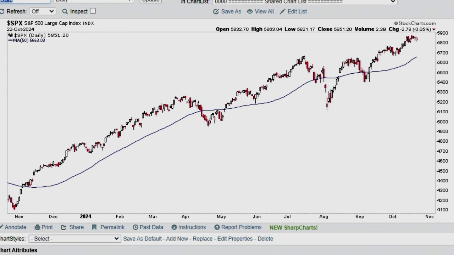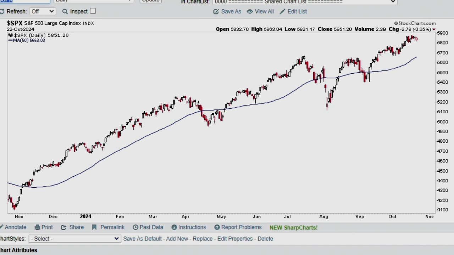So what you can kind of see is that the moving average is a bit like gravity. And while the market can stay above the moving average for quite some time, eventually it reverts back to the average. And statistically, an average is called a mean. So when you hear the term reversion to the mean, that's what we're talking about.